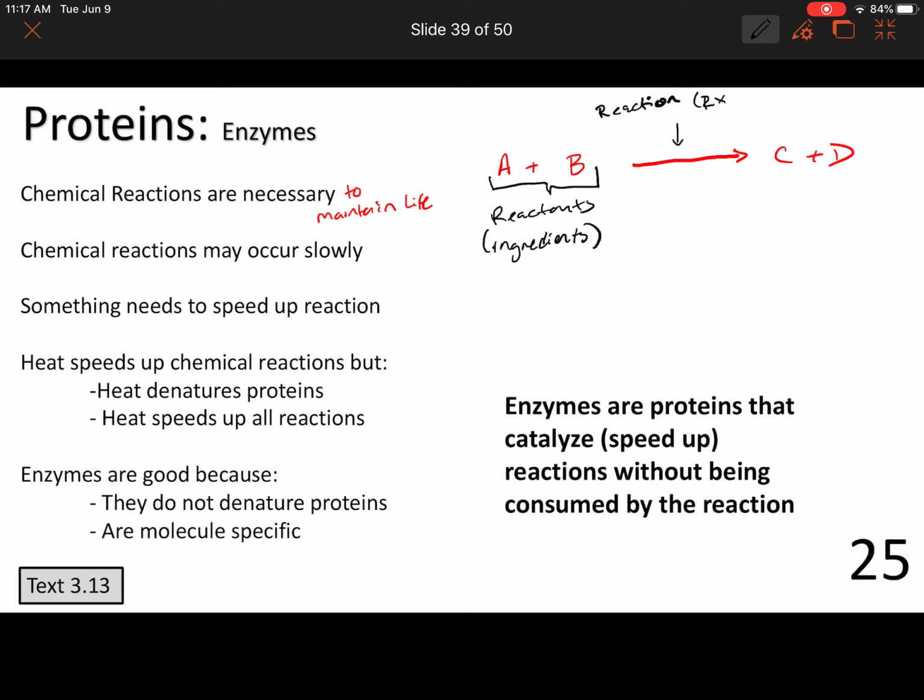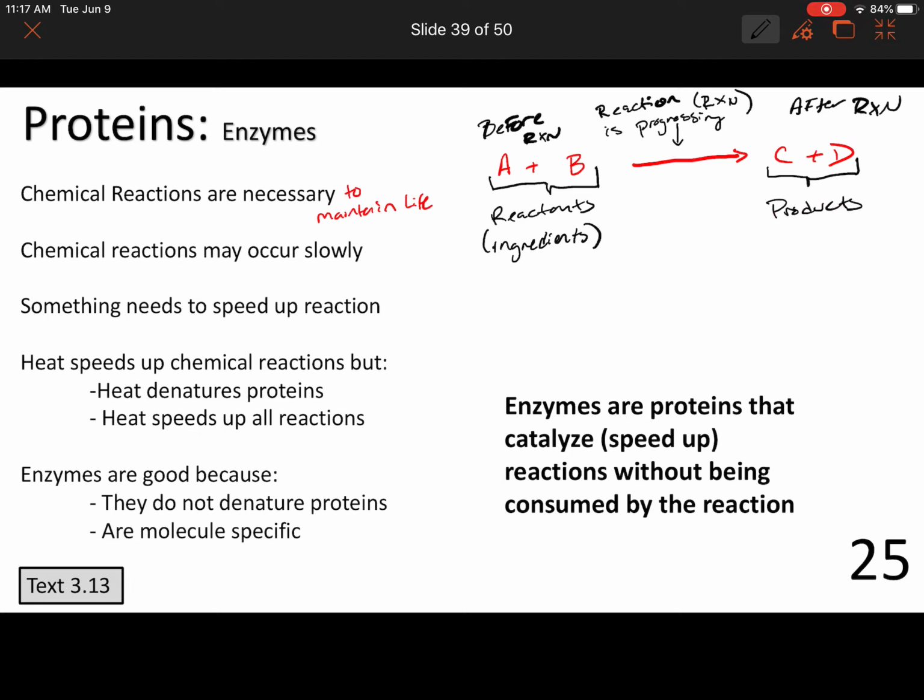On paper, we illustrate the reaction progressing by this horizontal arrow. This indicates that the reaction, which can be abbreviated RXN, is progressing. So to the left of the arrow is what you have before the reaction occurs.